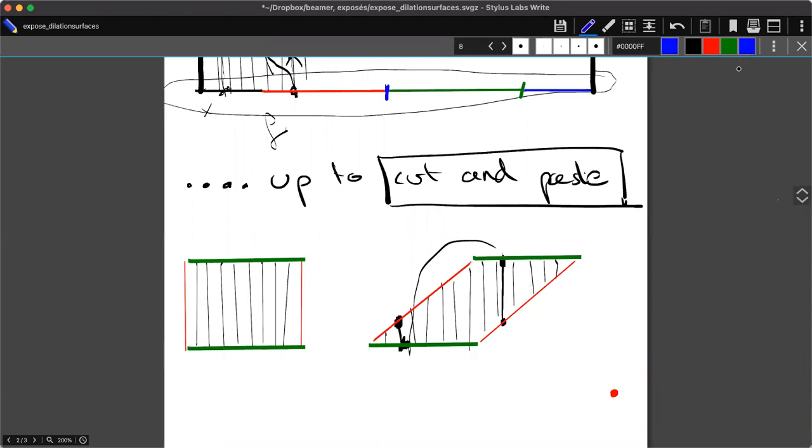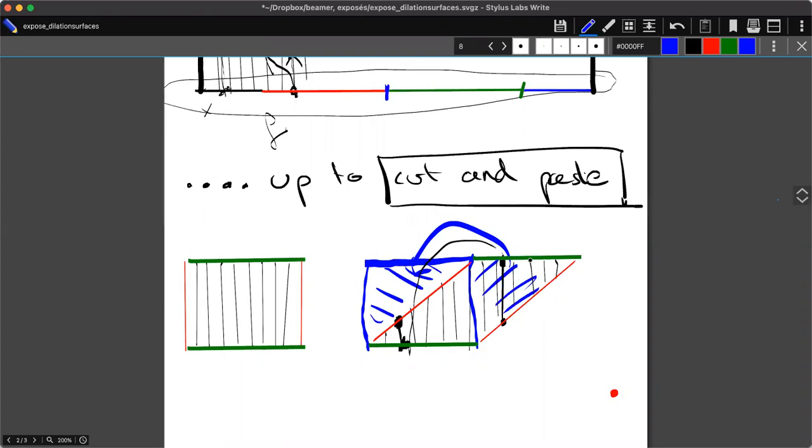And this is not a miracle. It's because you can obtain the left square from the right one by cutting this part and gluing it here. So you see, you just have changed the way you present your dilation surface, because in the end it is the same surface, but I haven't told you exactly what the geometric structure behind is.